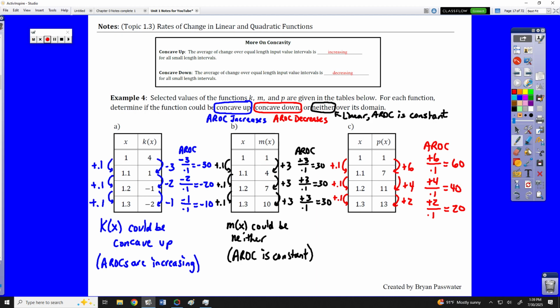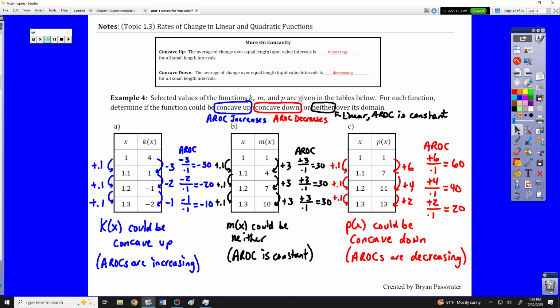And in this case, the AROCs are decreasing, which means that p of x could be concave down, because those AROCs are decreasing.